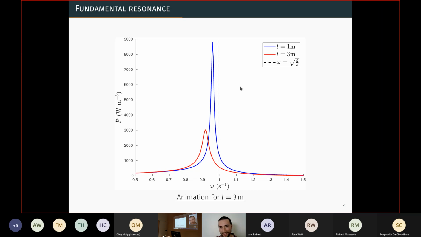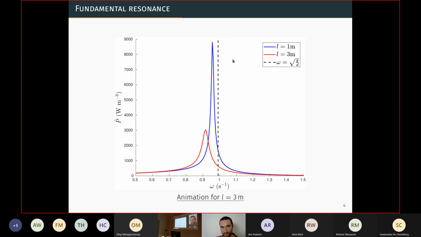Once you've got a pair of barriers, we can start looking at the resonance that occurs between them. The intuition for this resonance is that when the barriers are really close, the fluid between the two barriers is essentially moving just up and down, which is an oscillation about its hydrostatic equilibrium.